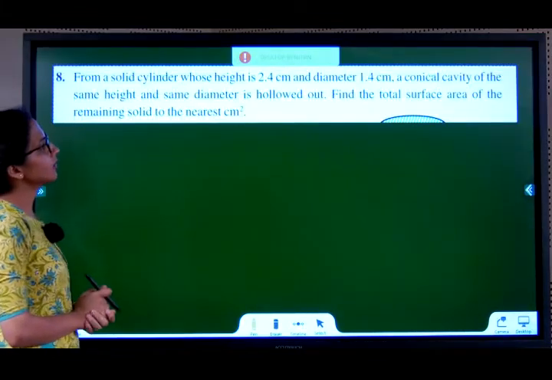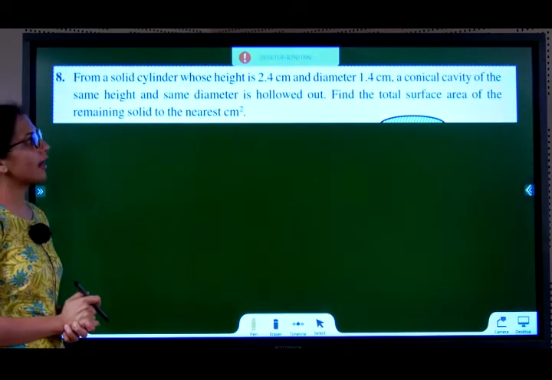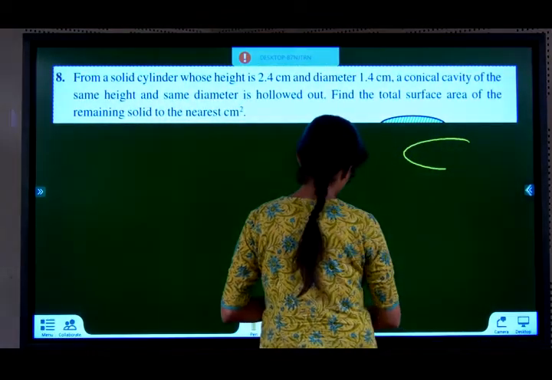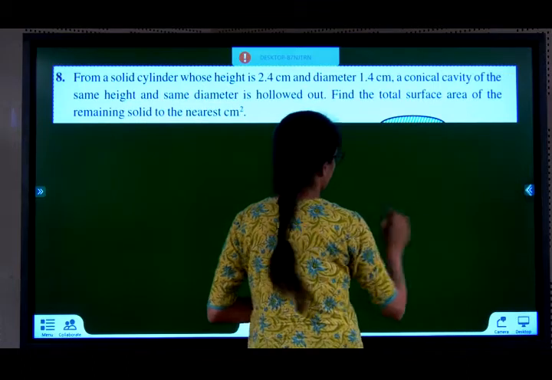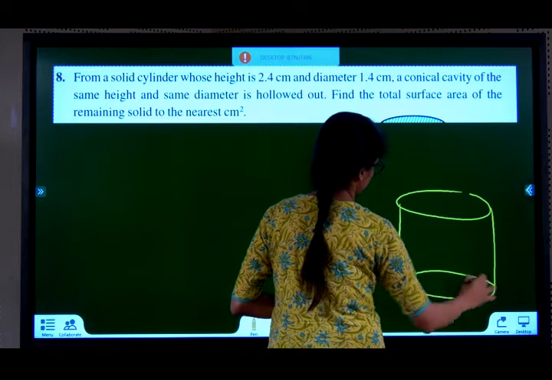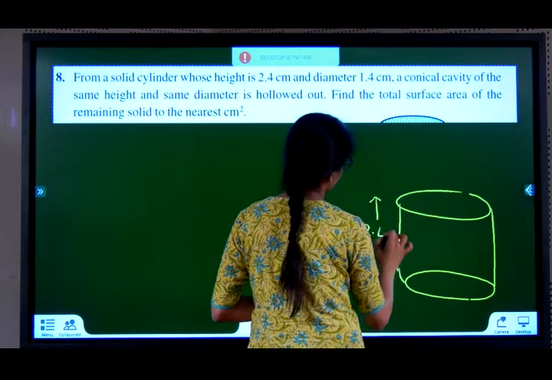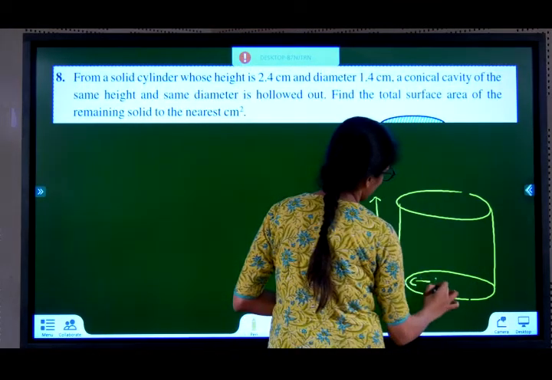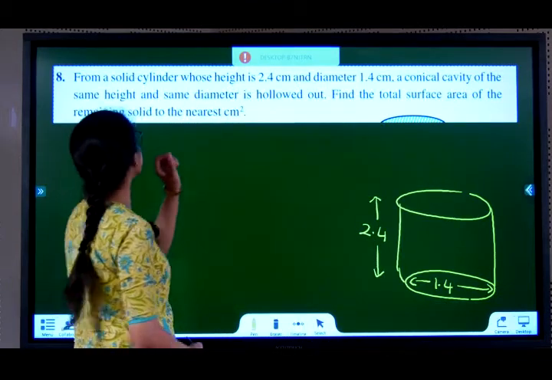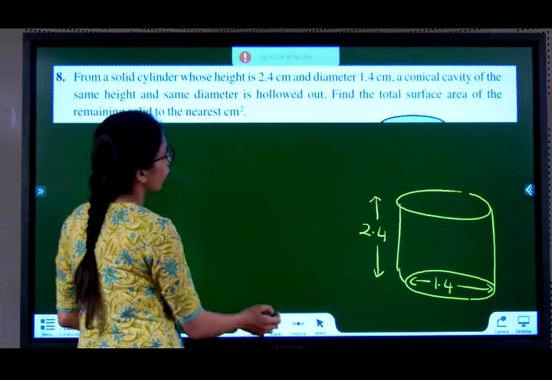Question 8. From a solid cylinder whose height is 2.4 centimeters and diameter 1.4 centimeters, a conical cavity of the same height and same diameter is hollowed out.